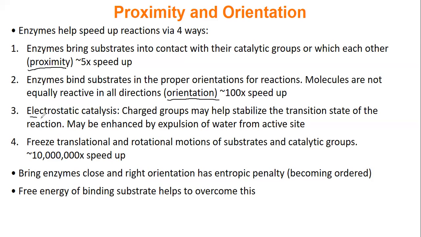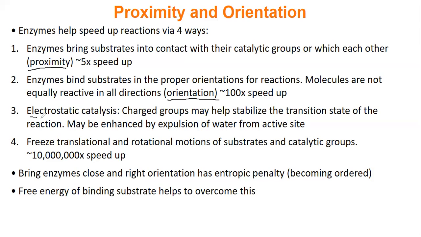And so taken with all that in effect, putting the substrates together, orienting them in the right way, balancing out charges and stopping it from moving or rotating, you're looking at speed ups of roughly 10 million, 100 million, a billion, a trillion times, right?